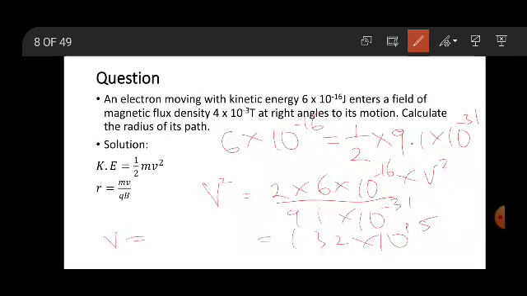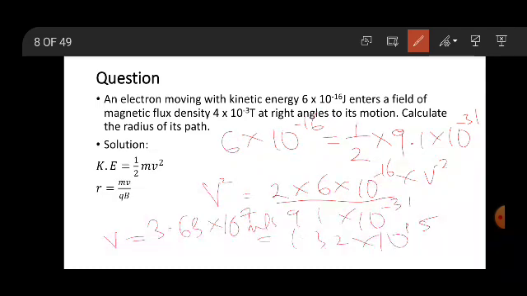So let's quickly look for the square root of 1.32 times 10 to the power 15, and that will give us 3.63 times 10 to the power 7 meters per second. Okay, so that's the velocity.